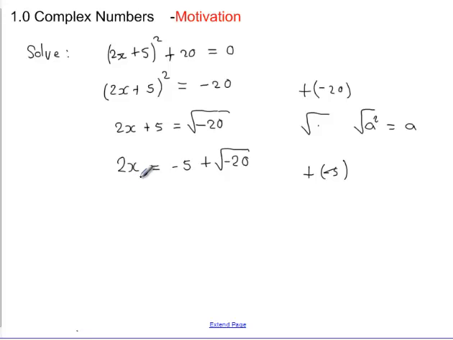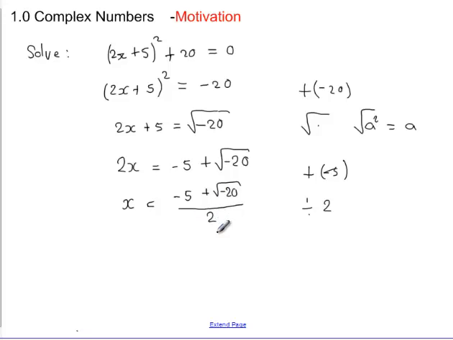Then after that, we'll divide both sides by 2. Dividing both sides by 2, you see that we get x equals minus 5 plus the square root of minus 20, all divided by 2.